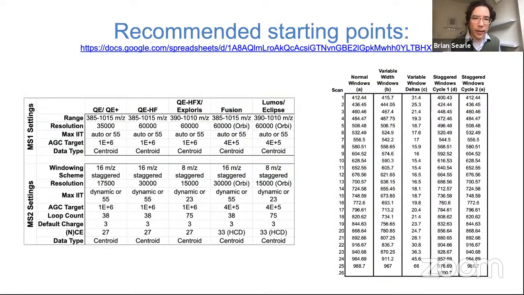And we've got on our website, and again, you have access to these slides, so you don't need to write down these crazy long URLs, but we've got lists of parameters that we recommend for how you would set up these types of experiments, as well as the window widths, based on the constraints that we've talked about so far. So what you're going to set your AGC targets for and your max ion inject times and those types of things that you would want.